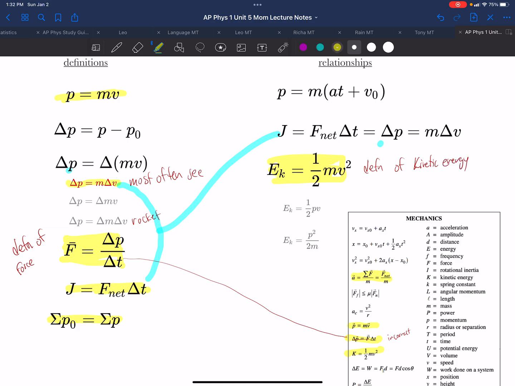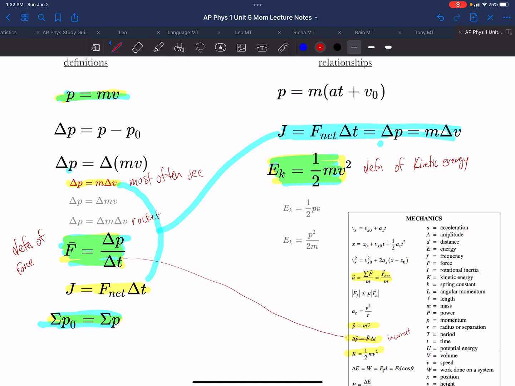So all being told, what we are left with is this is the formula you definitely need to know. This is one you definitely need to know. This is definitely one you need to know, which is not included. This is one you definitely need to know, and this is definitely the one you need to know.